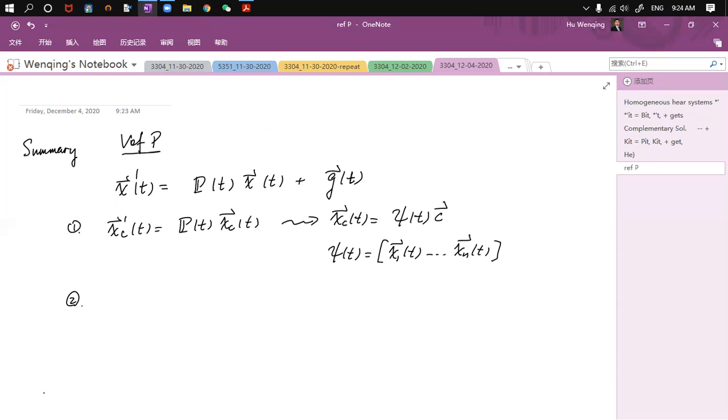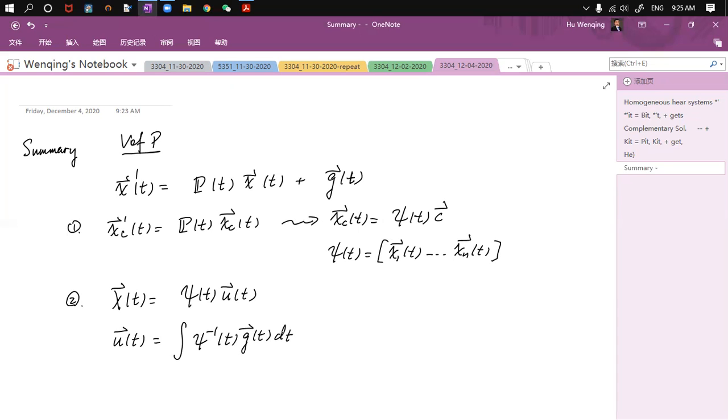Now, the second step is variation of parameters. So you set the particular solution to be equal to the fundamental matrix multiplied by u of t. Then u of t is given by the integral of the inverse of the fundamental matrix multiplied by the right-hand side vector g of t dt.